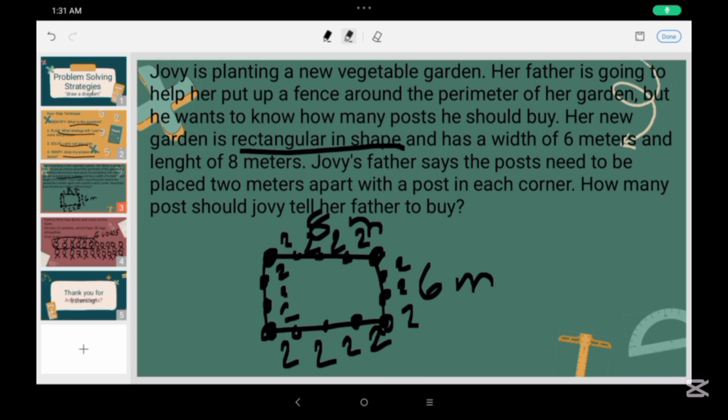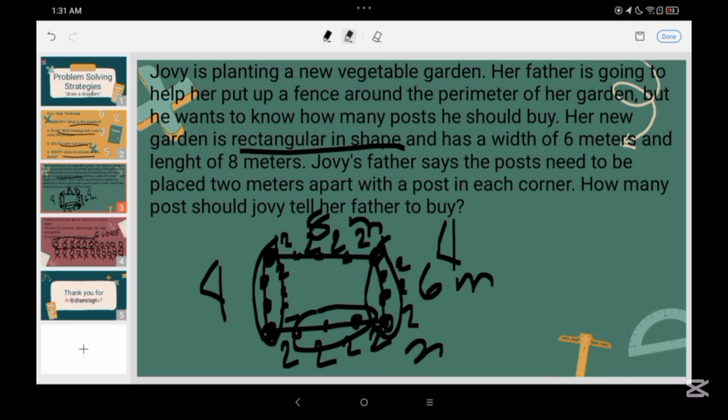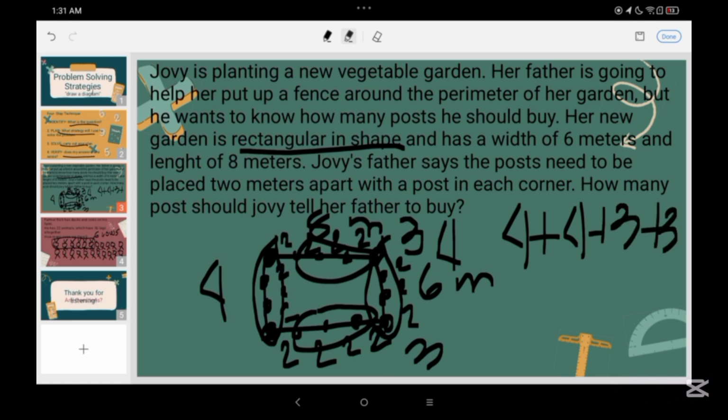So we need 4 posts in this side, and this side. So we need 3 here and 3 here. So we have the total of 4 plus 4 plus 3 plus 3 equals 14 posts.